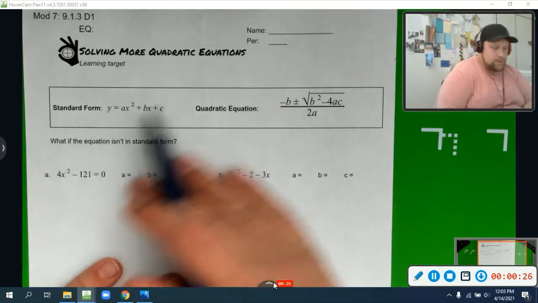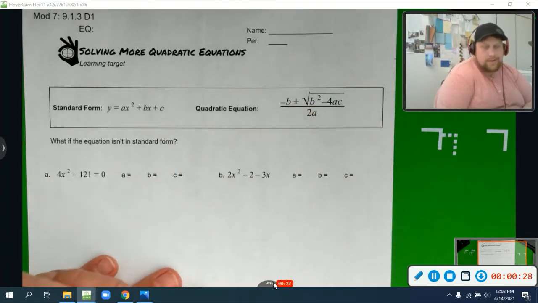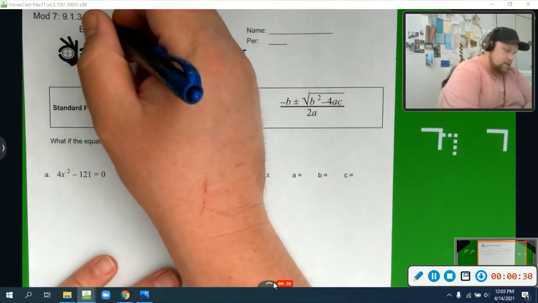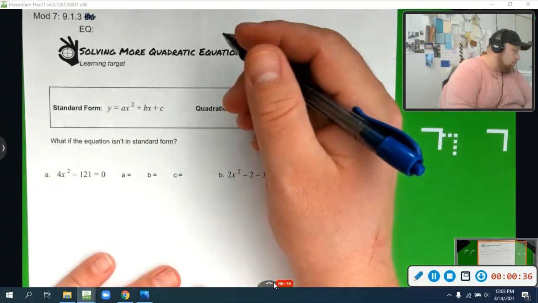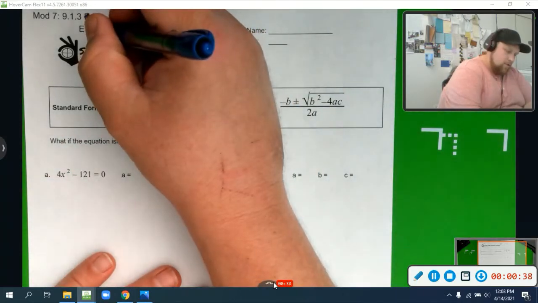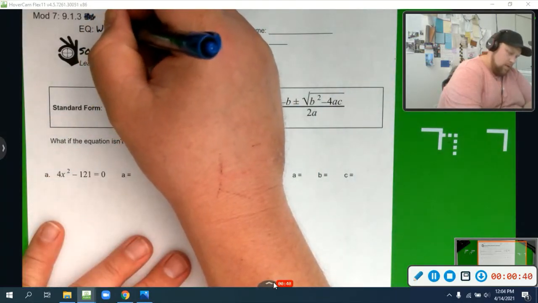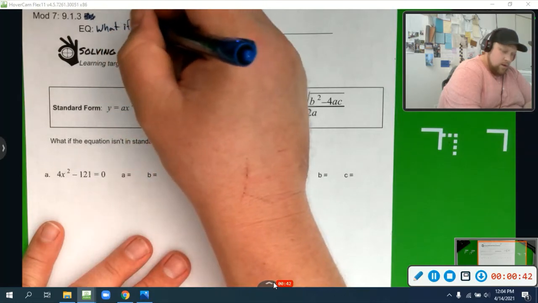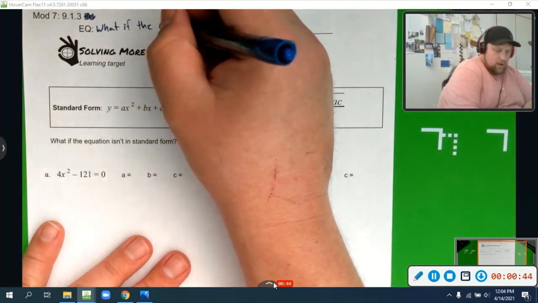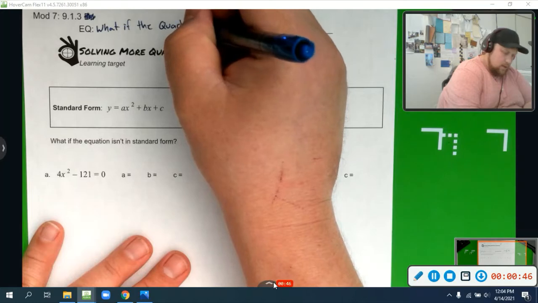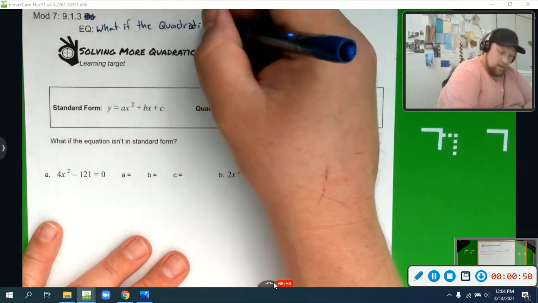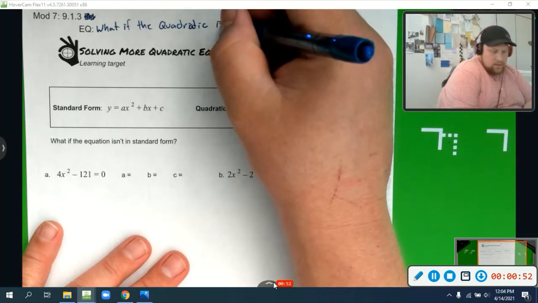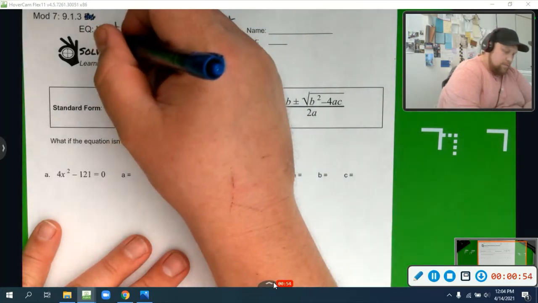So, what's our question today for 9.1.3? I know it says day one, but I'm probably going to erase that because it's just a one-day thing. The essential question is, what if the quadratic isn't in standard form?